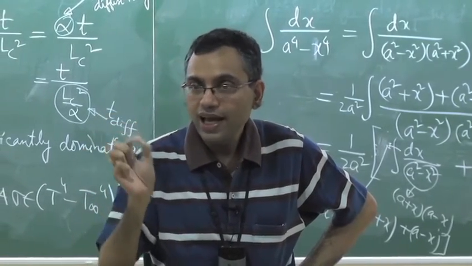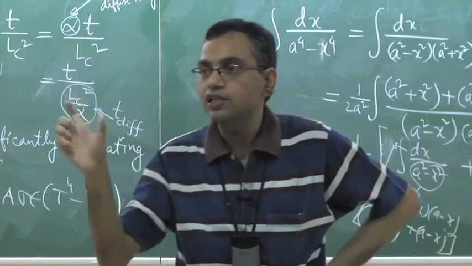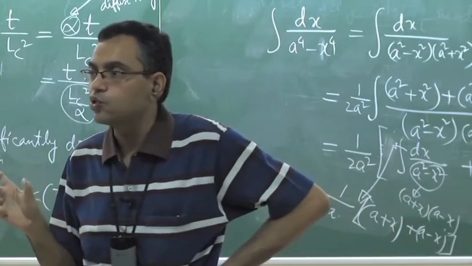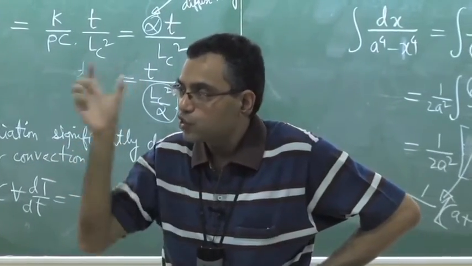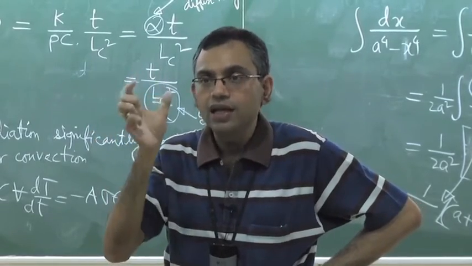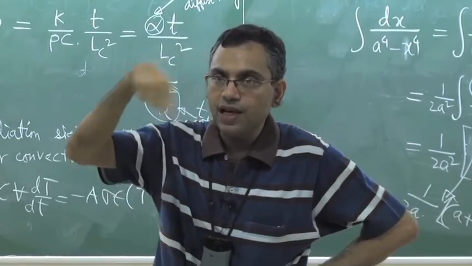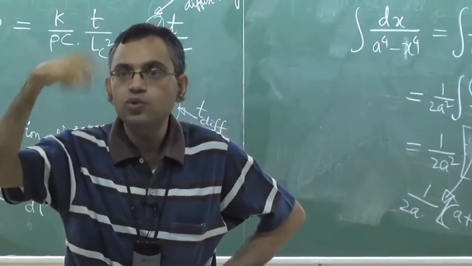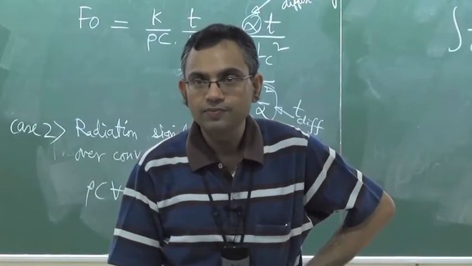So we can say that Biot number much less than 1 is a sufficient condition for lumped parameter analysis to hold, but not a necessary condition, right. If it is true, then the lumped analysis will be valid, but even if it is not true, but the substance is homogenized to a uniform temperature, then you can use the lumped analysis.